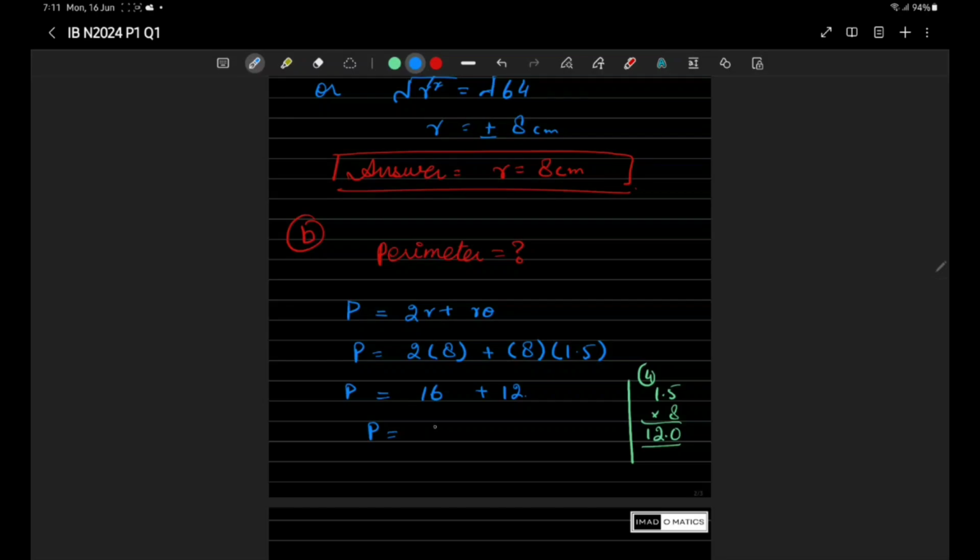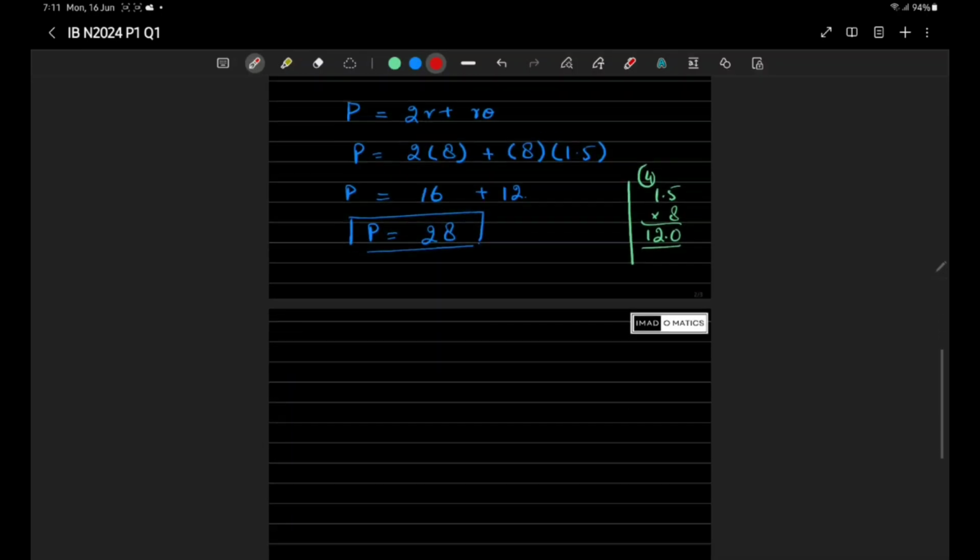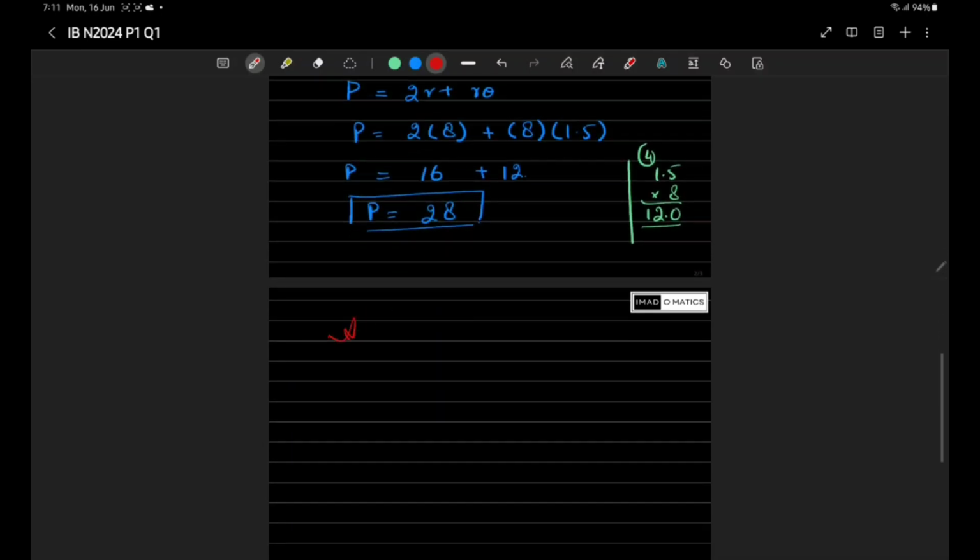Now what do we get? 28. So the final answer is perimeter P is equal to 28 centimeter.